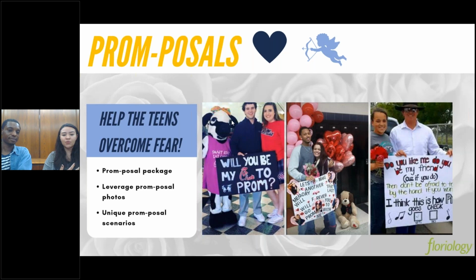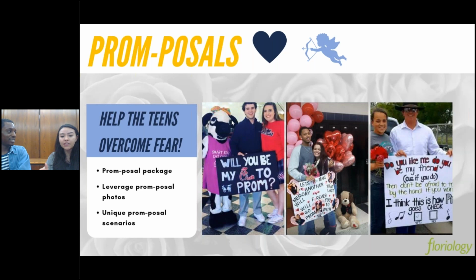So you can create those promposal packages where you're giving them everything they need to make this the best and perfect time of their lives. And okay, so you have given them their promposal package. Now you ask them to tag you on those pictures. So we know that they're going to be taking pictures and videos and Snapchats of the event.